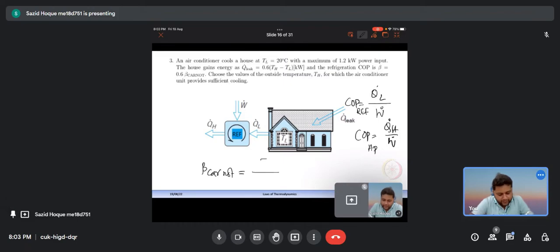So we have QL, so it will be TL by TH minus TL. So this is given as beta is 0.6 into TL by TH minus TL, and the COP is this much, and so is the values of outside temperature TH for which the air conditioner unit provides sufficient cooling. So we need to find out TH. So W dot is given 1.2, TL is given, we just need to find TH. It's easy, right? Everything is given only.